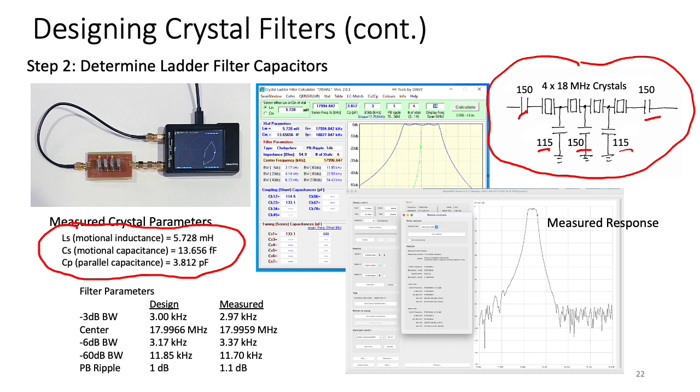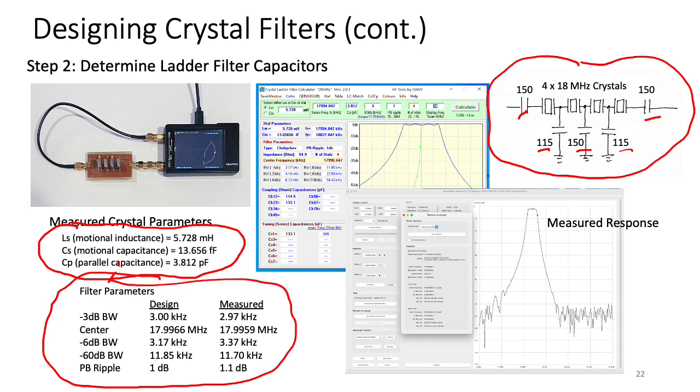And I got these by determining what kind of bandwidth I wanted and the number of crystals that I was going to use. Here I'm using 4 crystals. I needed a bandwidth of roughly 3 kilohertz, and I plugged them into that software program, and I ended up with this result.